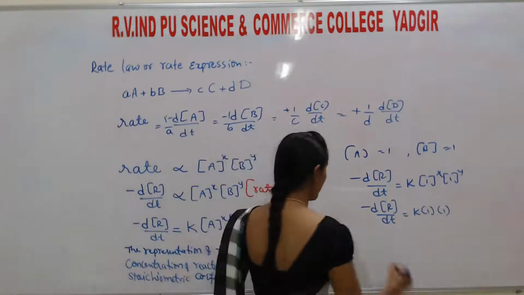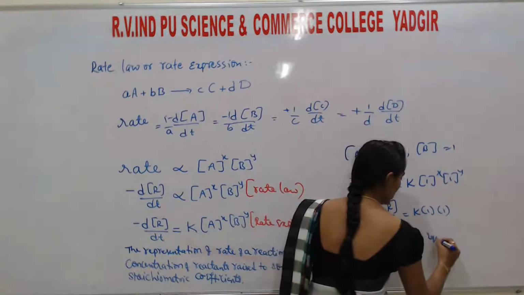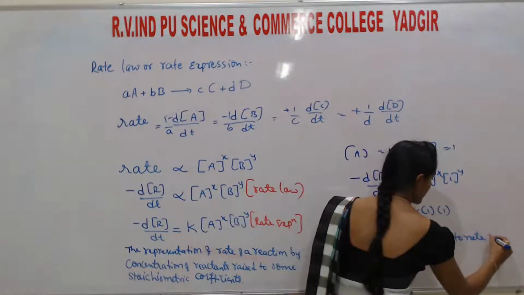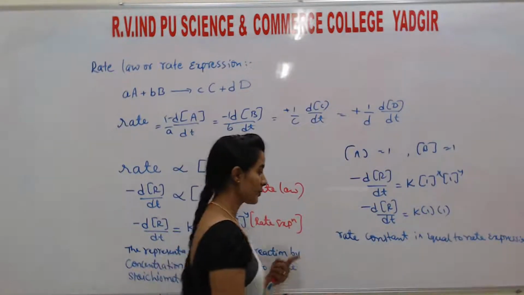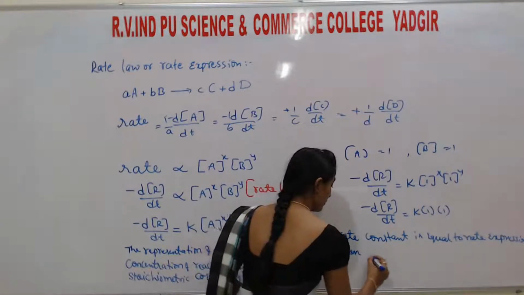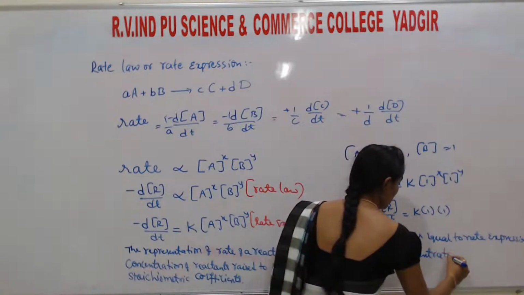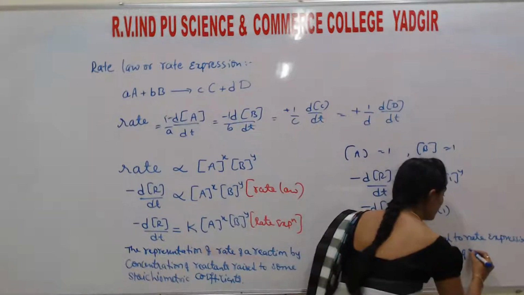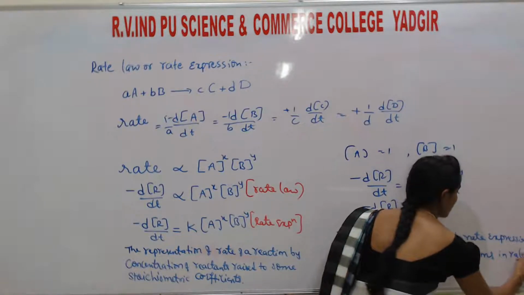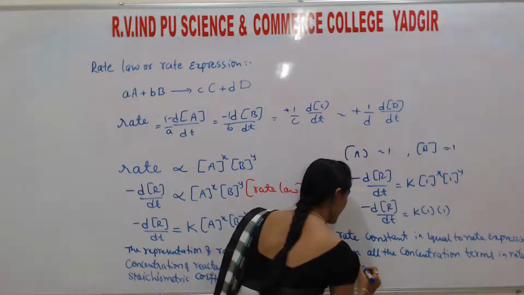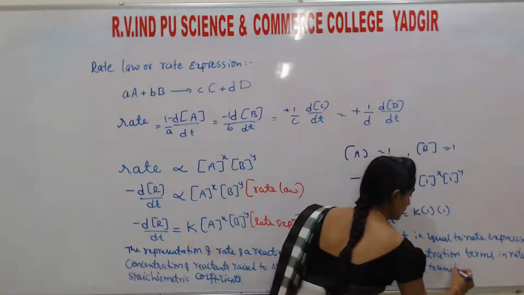So what is rate constant? Rate constant is equal to rate expression when all the concentration terms in rate expression is equal to unity.